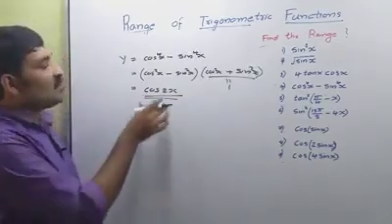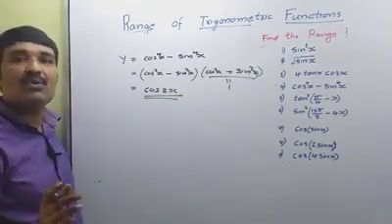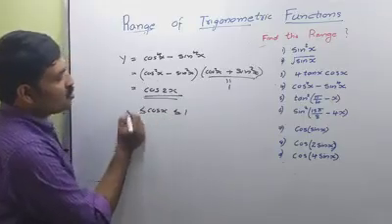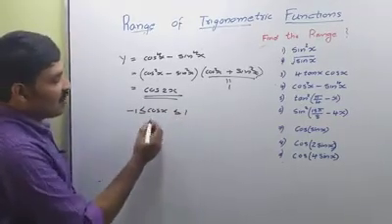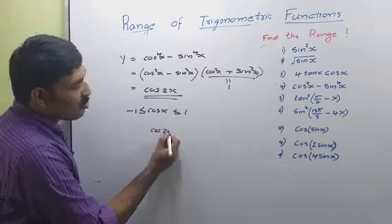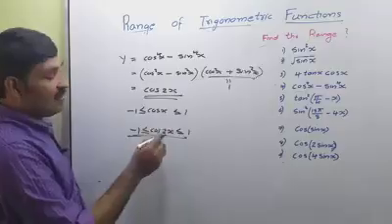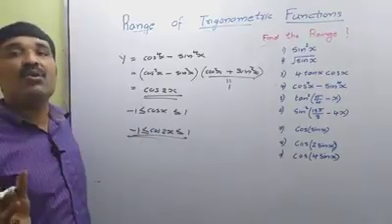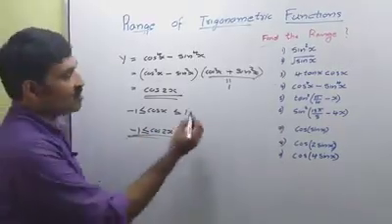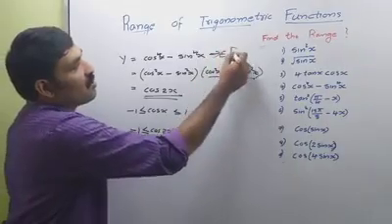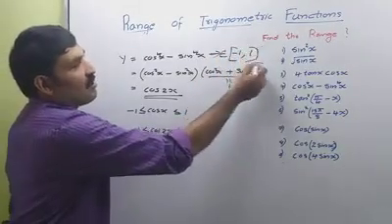So the range of cos 2x is from minus 1 to 1, since cos x belongs to minus 1 and 1, and cos 2x also belongs to minus 1 and 1, since changing the argument does not affect the range. So the range of this function belongs to minus 1 to 1.